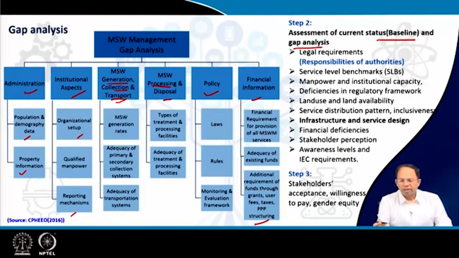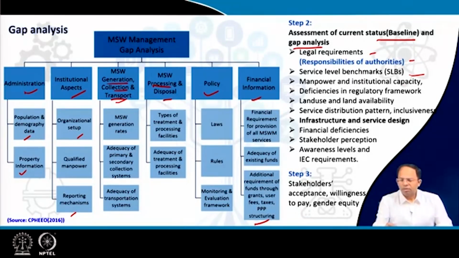To summarize a few things again: legal requirements and responsibilities of authorities. As per the MSW rules, we can check which rules are followed and which are not followed now. Service level benchmarks: how far away we are from the different attributes of the service level benchmarks that the government has provided. Accordingly, we have to bridge those gaps.